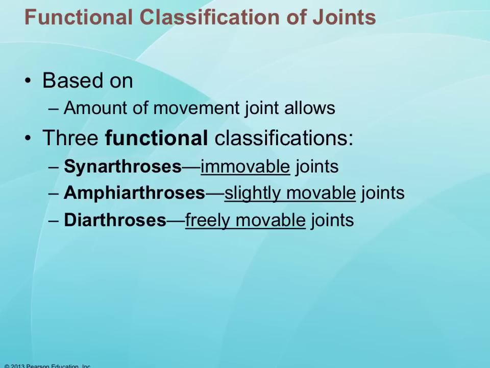So we divide the joints into three groups by their function, based on the amount of movement the joint allows. We can divide them into the ones that cannot move, the ones that move slightly, and the ones that move freely. These three types all use a suffix called arthrosis. The arthrosis means joint.